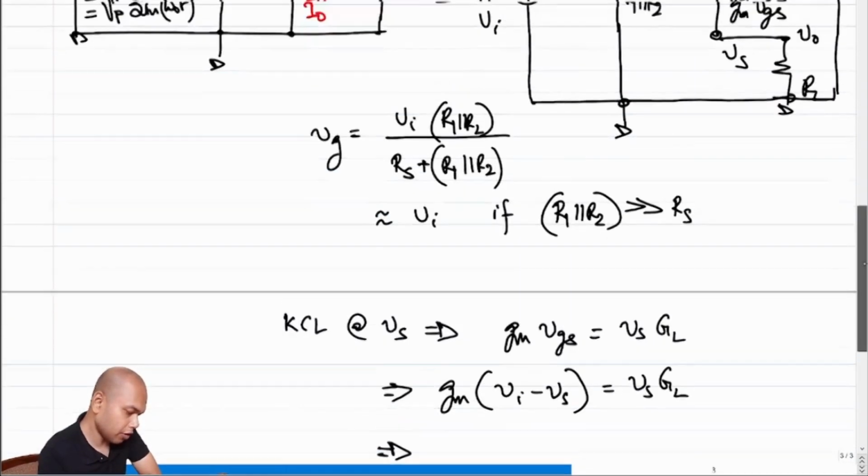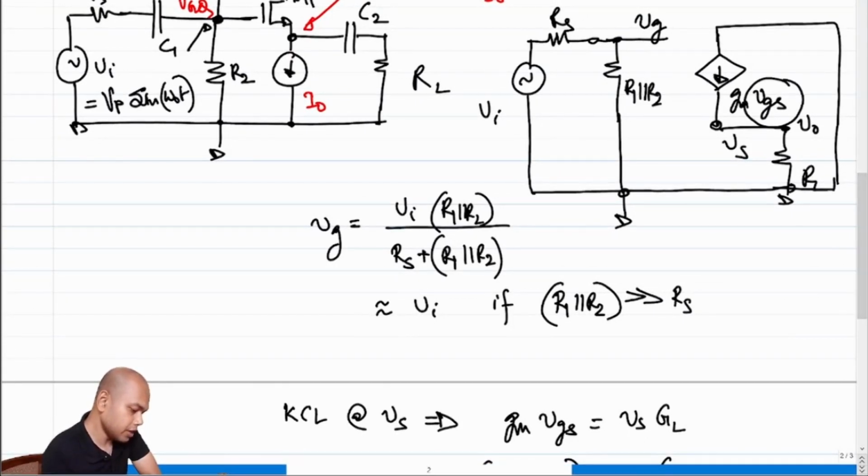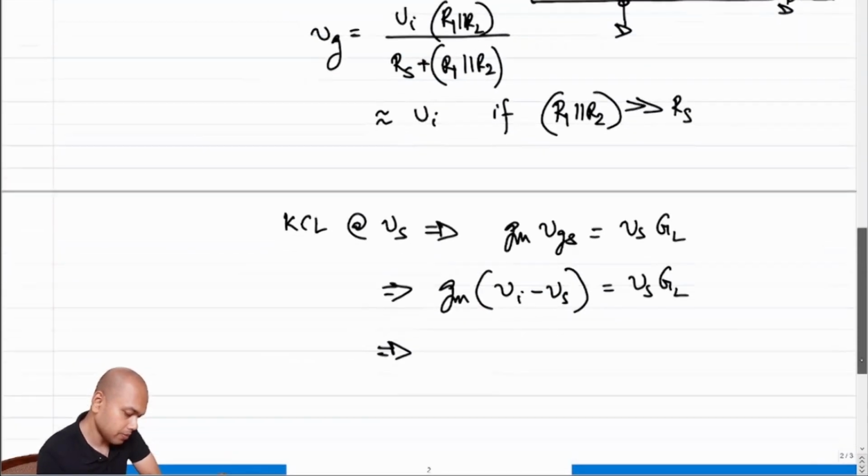Again, even though it's obvious, it's instructive to note that this is Gm times VGS, this is not Gm times Vg because your source is not grounded.